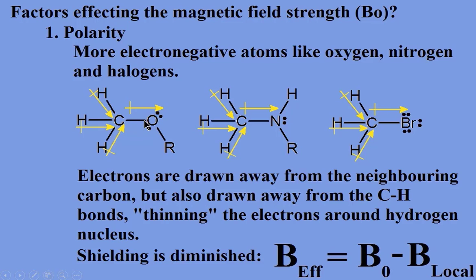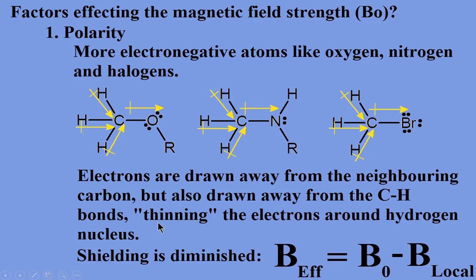So electrons pull towards the oxygen or nitrogen or a halogen like bromine. And so the carbon atom each time feels electron deficient. Of course, the carbon has a greater electronegativity than the hydrogens it's bonded to. And so feeling electron deficient, the carbon in turn draws electrons away from the hydrogens in those sigma bonds.